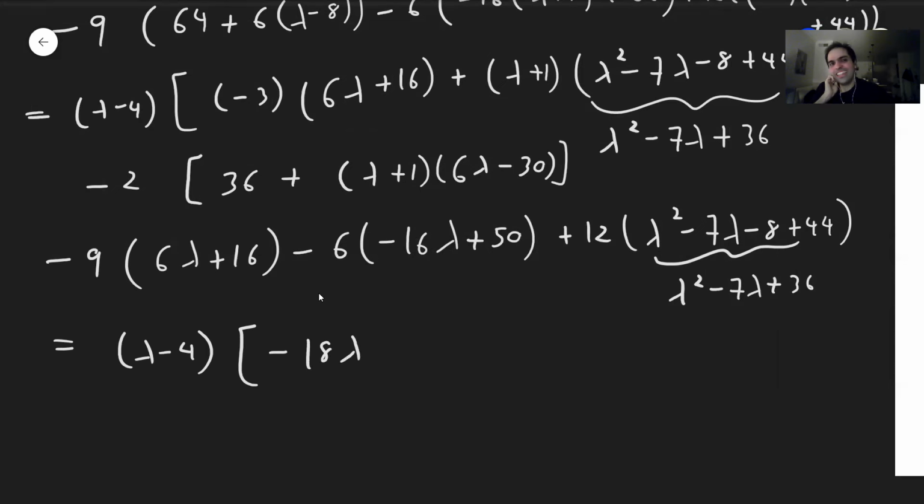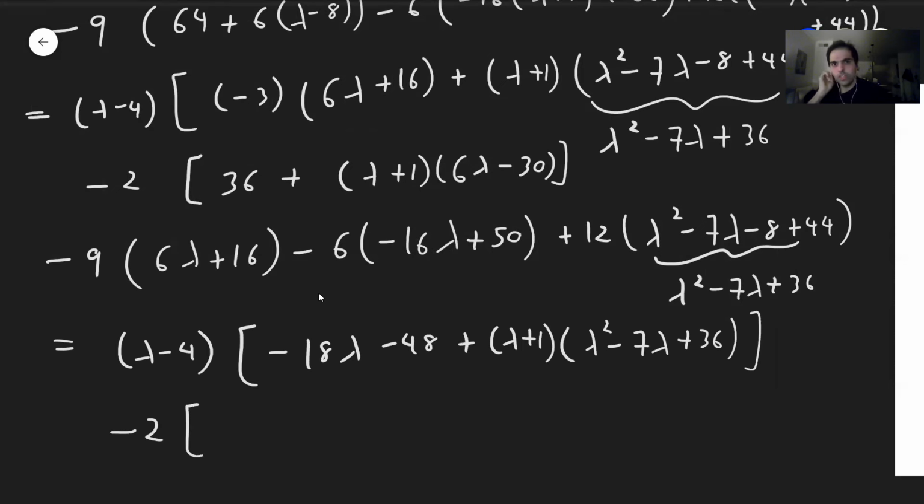Okay, minus 18 lambda, and then minus 3 times 16, so minus 48 plus lambda plus 1, and then lambda squared minus 7 lambda plus 36. Okay, so we have that, and then minus 2. So this you can expand out, to become 6 lambda squared minus 30 lambda plus 6 lambda, so minus 24 lambda, and then minus 30 plus 36, that is plus 6.